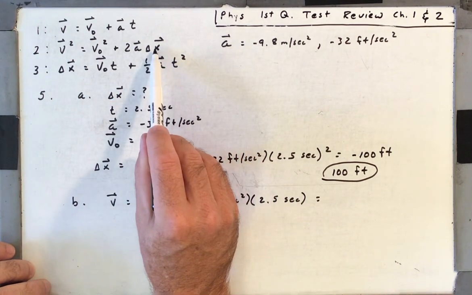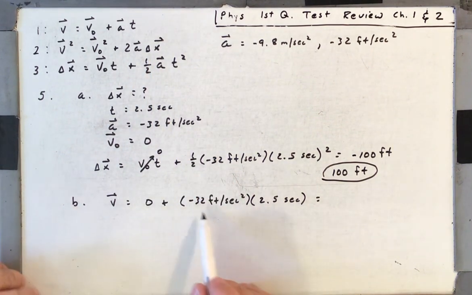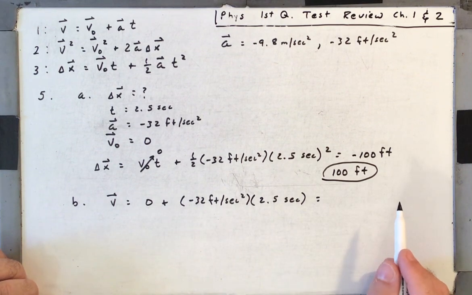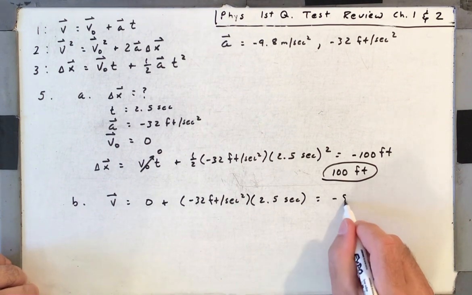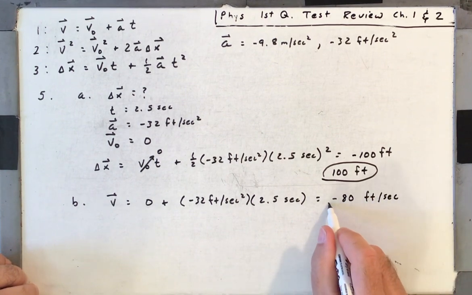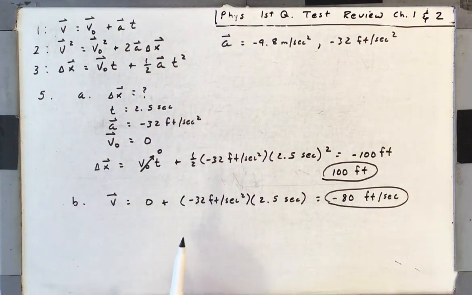And what if I got displacement wrong in part A? In this particular case, I'm just using the numbers from the problem, so I'm not going to mess that up unless I mess it up in my calculator, and that is negative 80 feet per second. So when you can use equation 1, you should use it, because equation 2 is the one you really have to be careful with. All right, that does it for the Chapter 2 review.